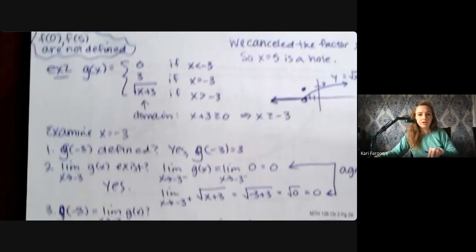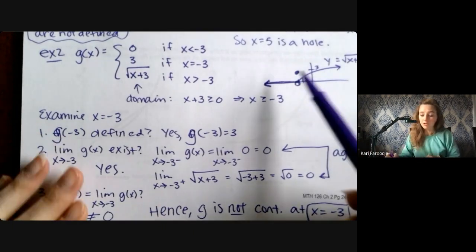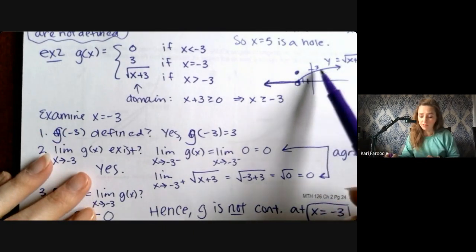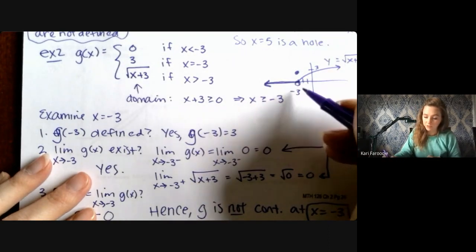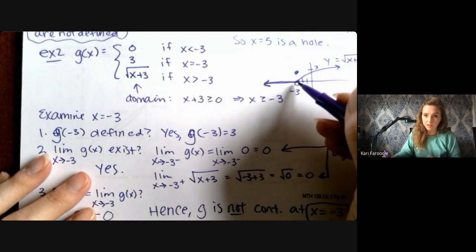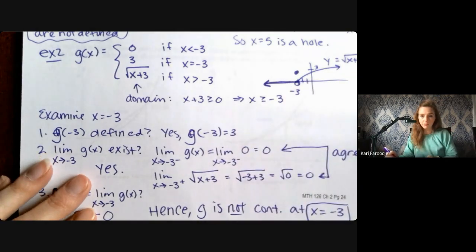Okay, but down here, and you can see this from the graph as well, the limit exists. As we approach -3 from the left and from the right, the y value is 0, so the limit's 0, but the function is defined as a different value.